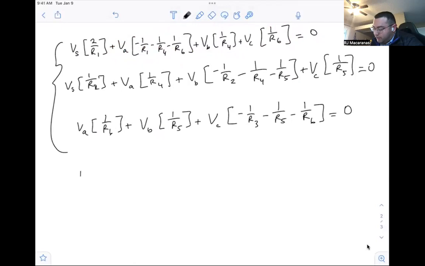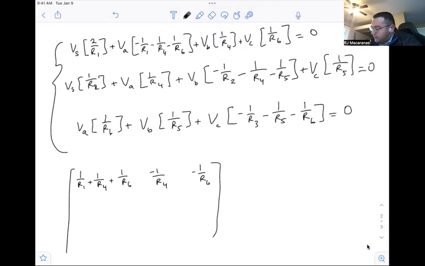And that will give us 1 by R1 plus 1 by R4 plus 1 by R6. That's how many VAs we have. We've got negative 1 by R4 VBs, and we've got negative 1 by R6 VCs. And so we're going to end up writing this into a matrix form. We've got VA, VB, VC.